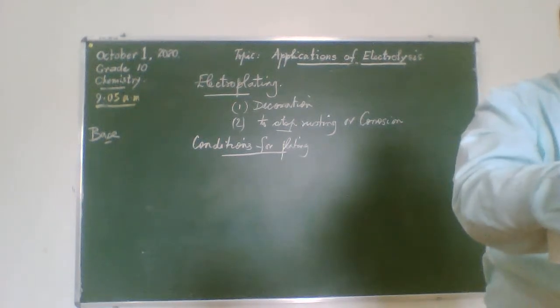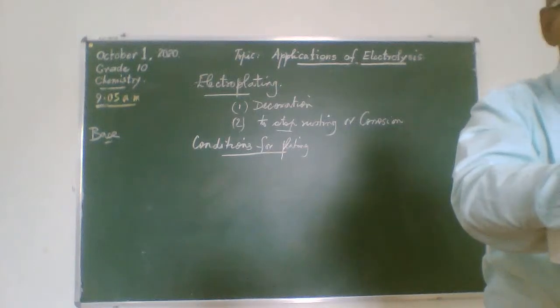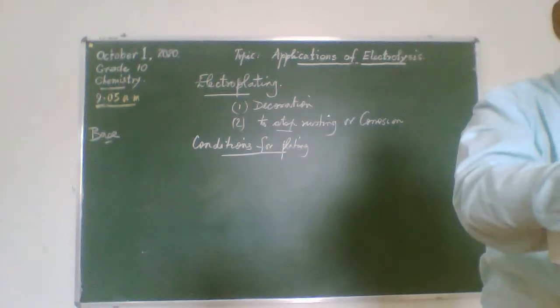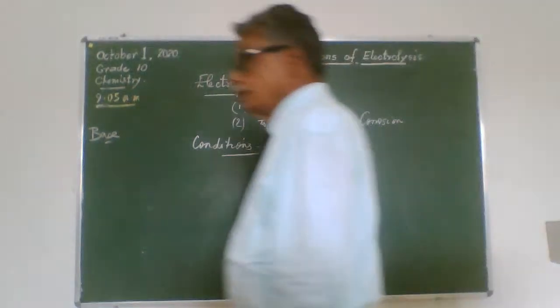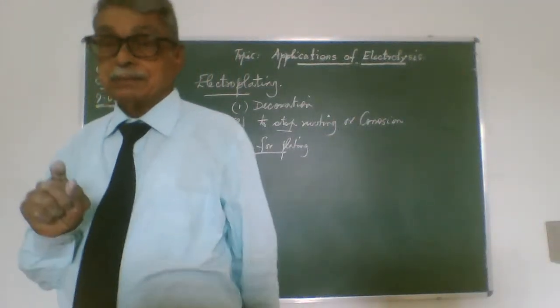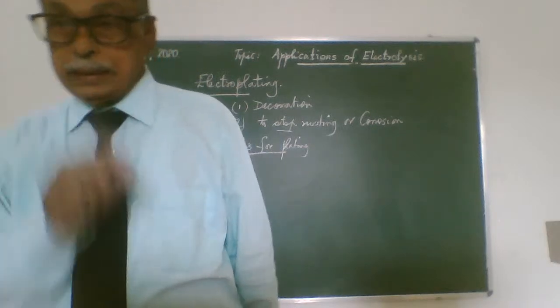The conditions should be satisfied for electroplating. Number one, we know it already. The article to be plated. We plate it on some article.